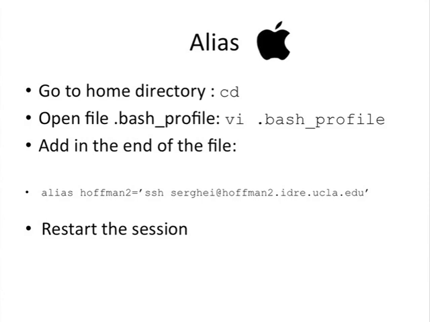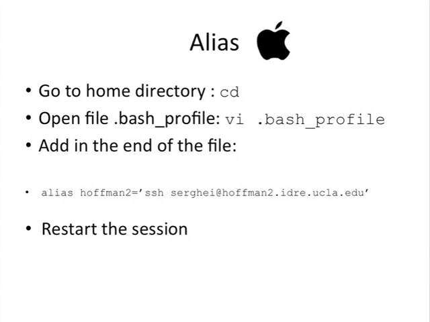Okay, so one thing before we get into the core of day 2. This is for Mac. I want you to be able to connect to the cluster not by typing ssh and your username at Hoffman2, but instead just type Hoffman2 and get on the cluster. For Windows, please use the session from PuTTY, you have the session, so you're saving your time.